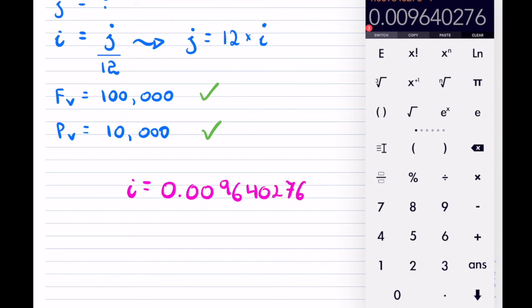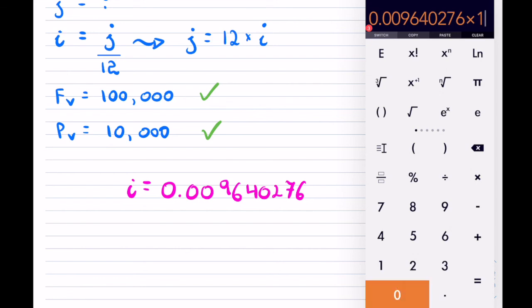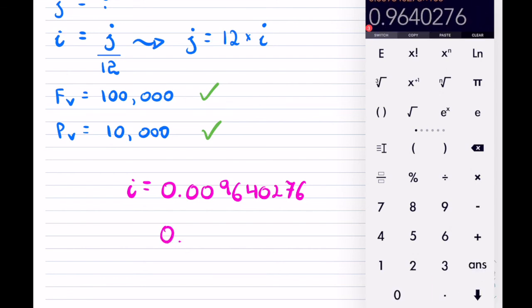But remember, it's a decimal. So if you wanted to know what this is as a percent, you would have to multiply by 100, and that would give you 0.9640276. I'm just keeping them for now. Now this is changed to a percent.